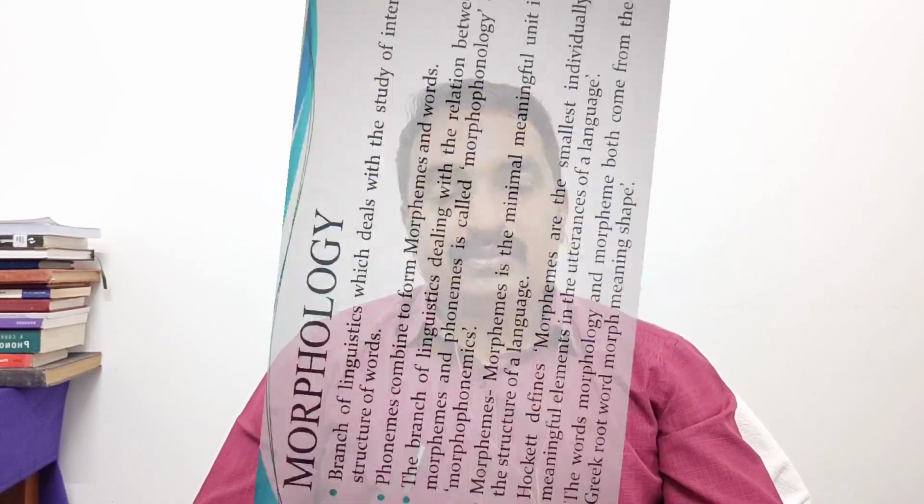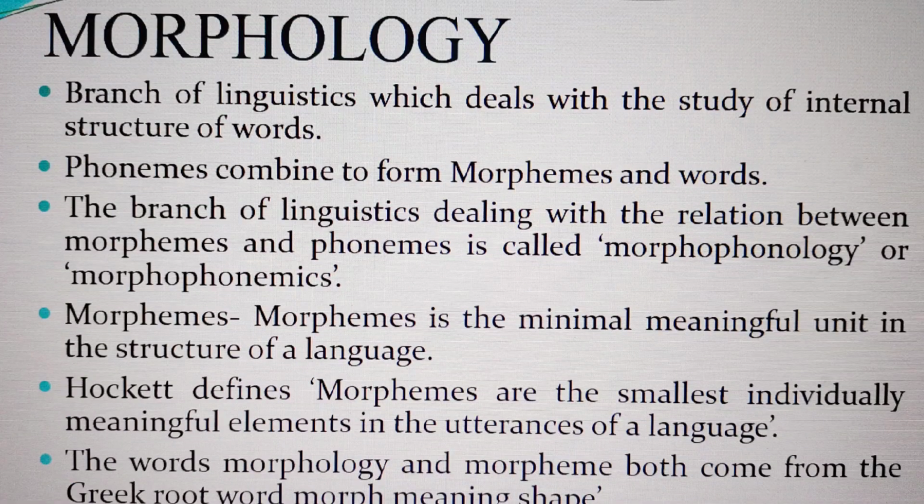You should understand these two words, minimal and meaningful. Otherwise, we can't say that something is a morpheme. So, morphemes are the minimal, meaningful word unit. Then, what are phonemes? We already learned that phonemes are the smallest distinctive sound unit.